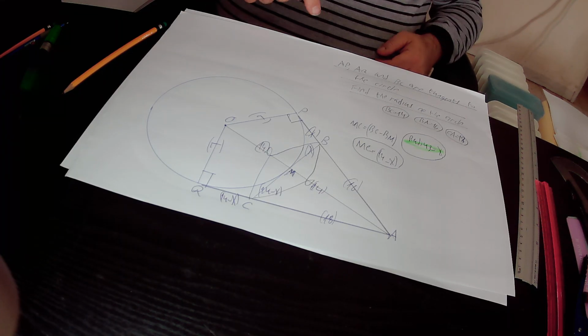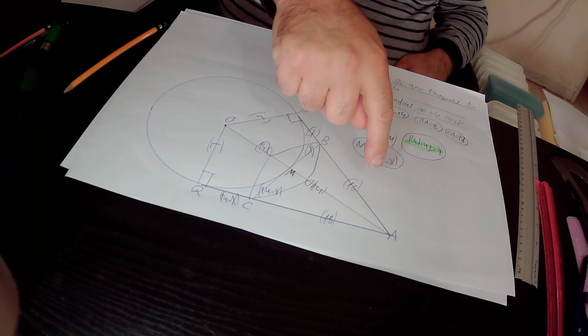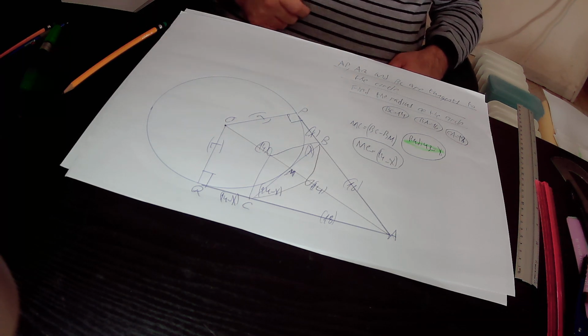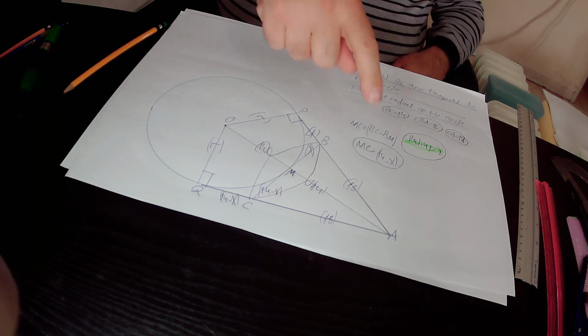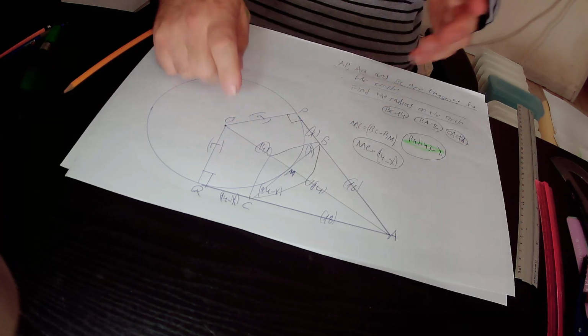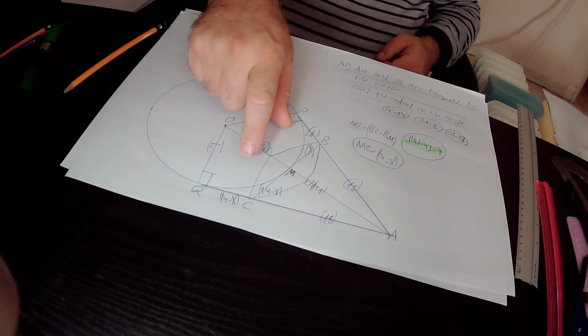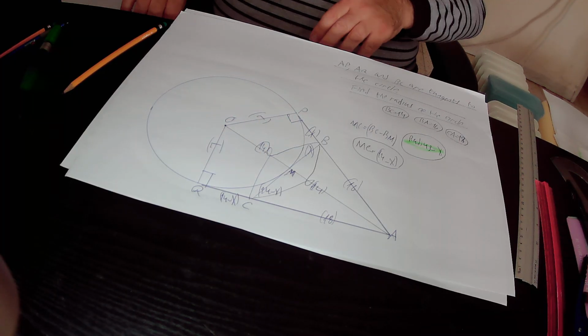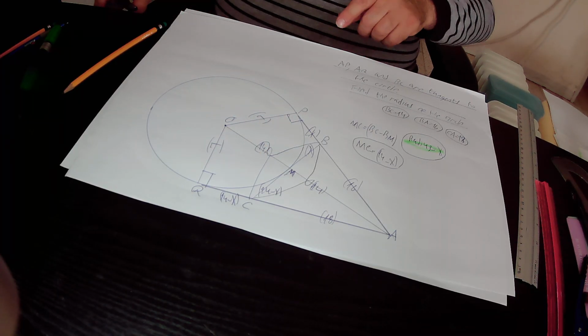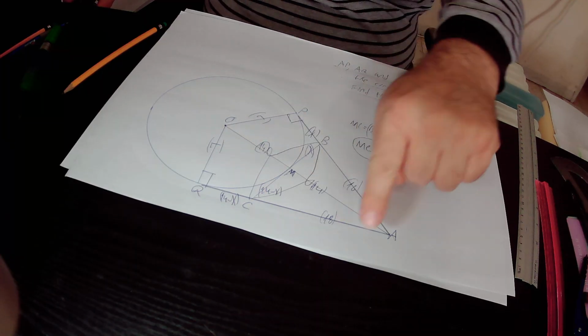So what is the area of this big quadrilateral APOQ? The big quadrilateral APOQ consists of those two components, and therefore its area must be equal to the sum of the areas of those two components that it consists of.